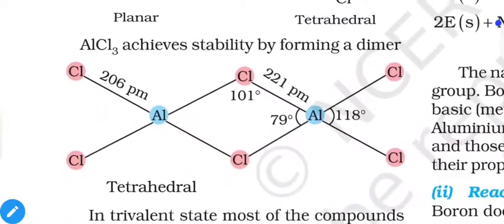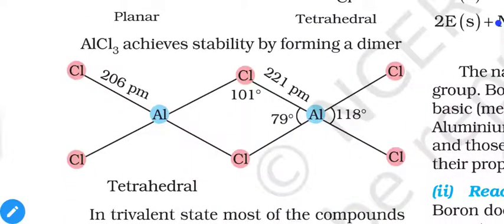Similarly, aluminium chloride achieves stability by forming a dimer. That means it will exist as two molecules behaving as a single molecule. These center chlorines are referred to as bridge chlorines or bridge atoms. They have a bond with both of the aluminium atoms. Although chlorine forms only a single bond under normal conditions, here we have 1/2 bonds with both of the aluminium.